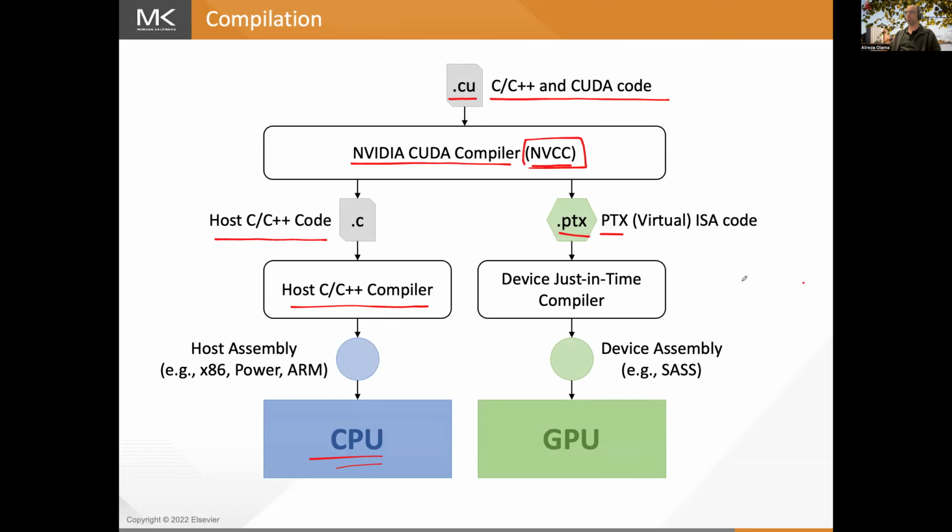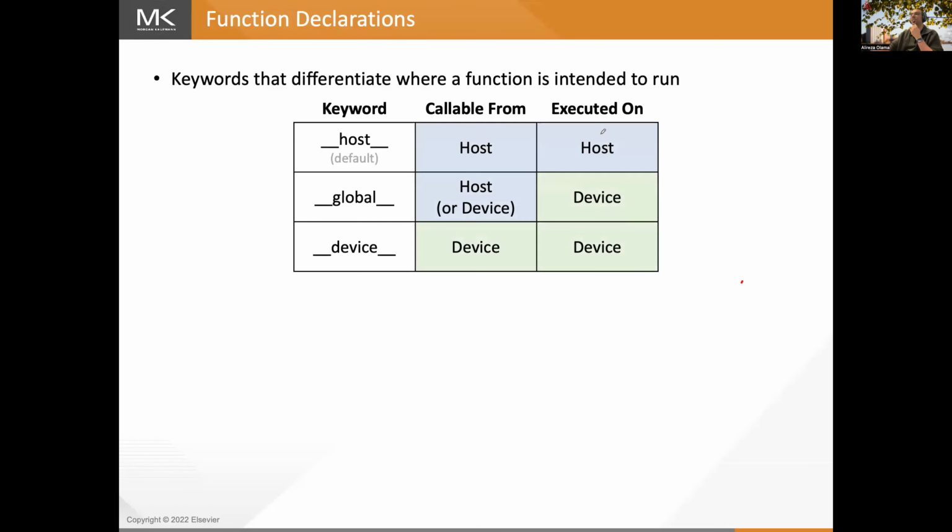All right. So we talked about the compilation. So there are other keywords for function declarations in CUDA other than this global. So let's first talk about the global, and then we talk about the others. So the global keyword that you use to annotate your functions, as I mentioned, identifies the kernels, right?